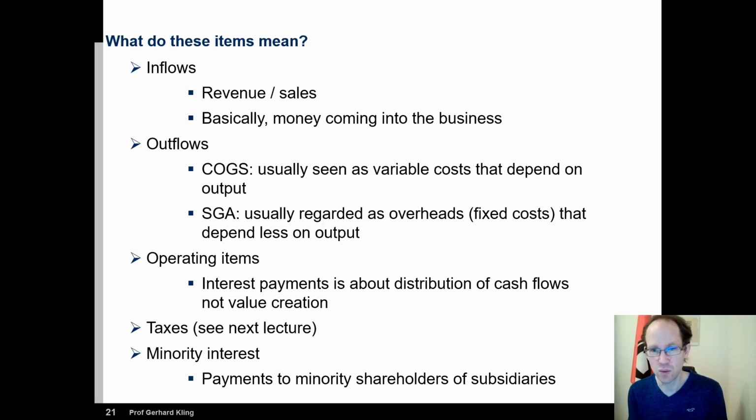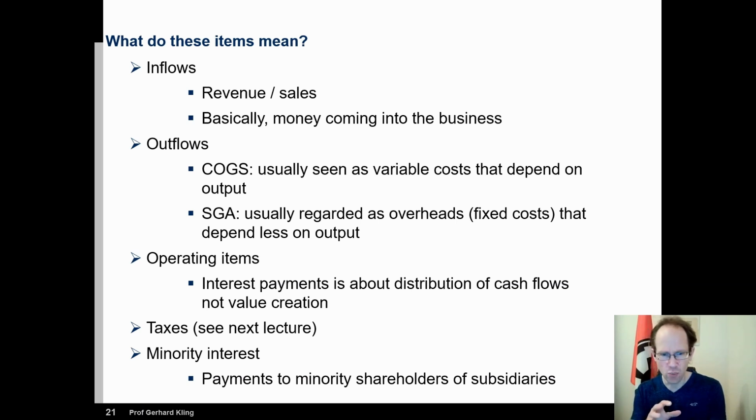What's the money that goes in? What's the money that goes out? And to also look at the split between what is more or less a variable cost component, so this is cost of goods sold, and SG&A, which is more or less a fixed cost. And here the first insight you would get is that they were, I think, most likely doing some cost cutting. So that gives you some idea about your operating performance.